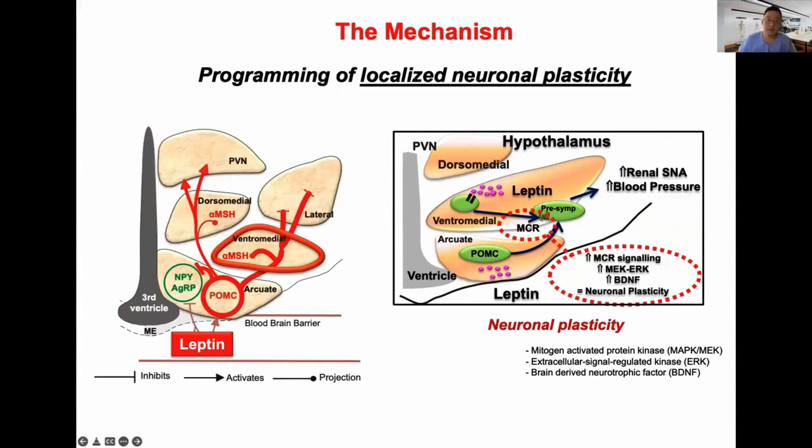Importantly, there are studies indicating that the increase in melanocortin signaling is closely linked to important neurotrophic factors such as MEK, ERK, and BDNF. So we want to test this theory by investigating the neurotrophic factors which are responsible for hypersensitivity of the receptor.